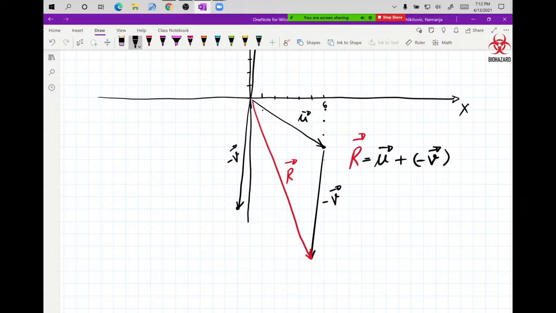So now we are set with this, and we have our value, right? We have our sum of these two vectors.